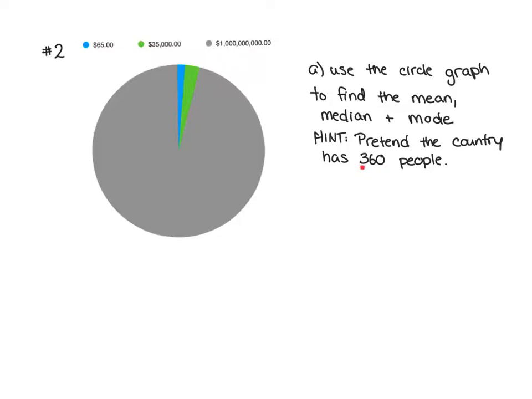Now, if their hint is that the country has 360 people, 360 people and a circle should make you think angles. So we will be breaking out our protractor to figure out the angle of each of these sections to figure out our kind of randomized data for how many people fit into each section.